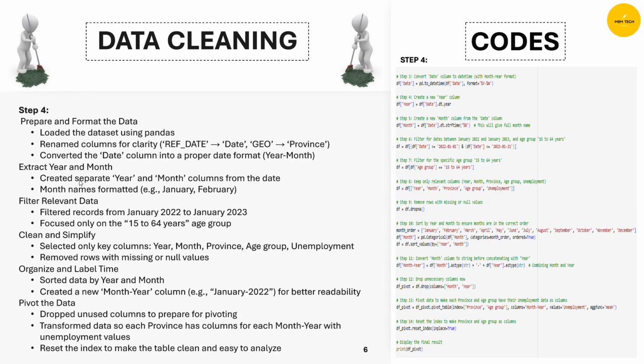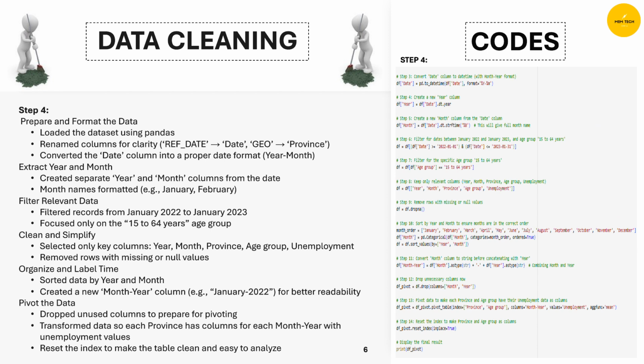And so in step 4, it involved preparing and formatting the data. So I renamed the columns for clarity, such as changing ref_date to date and geo to provinces. Then I converted the date column to proper date format and extracted the year and month into separate columns.